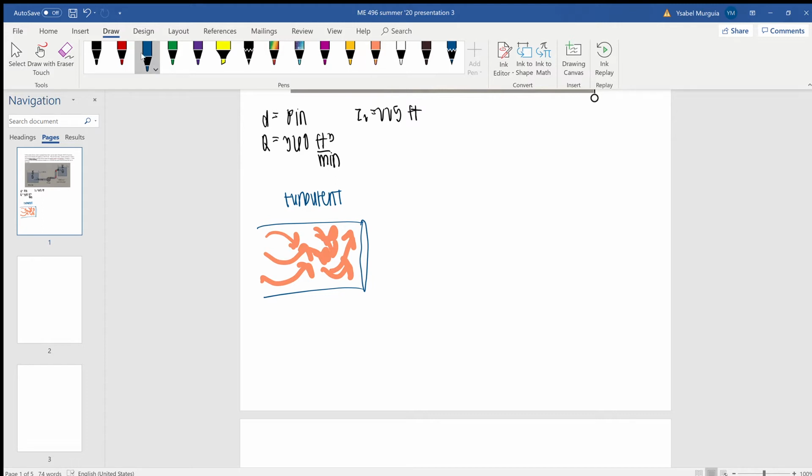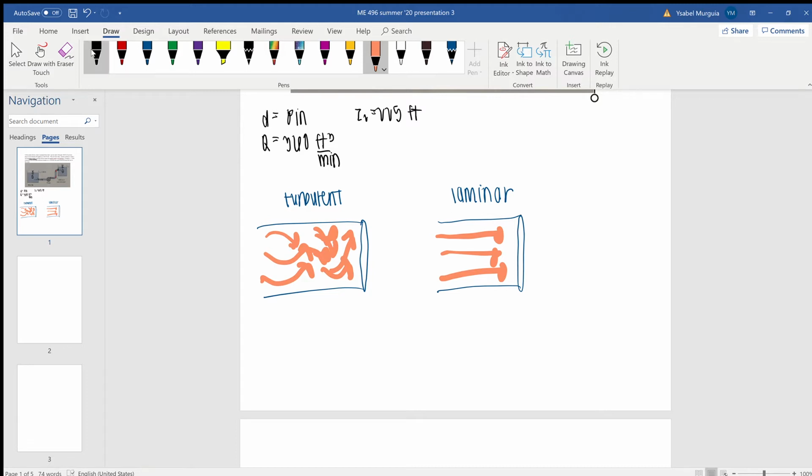And then laminar flow, which is going to be more smooth than turbulent flow, right? So this flow is more steady. It doesn't have all this crazy commotion going on.